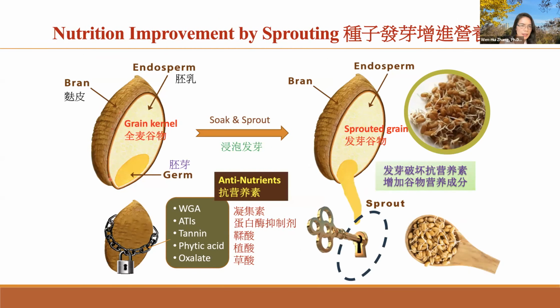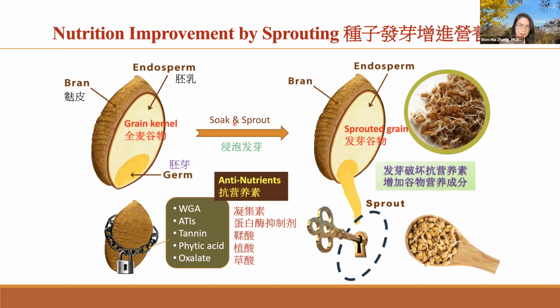So this is a whole grain kernel. It has the bran, endosperm, and germ. So the germ is the storage of nutrients. So it has the anti-nutrients to lock in the nutrients before the green sprouts.